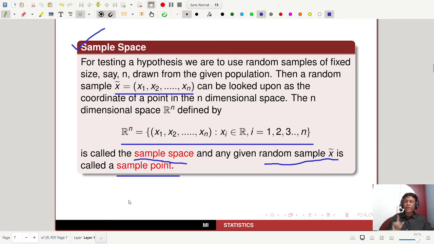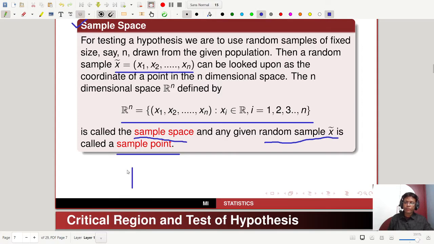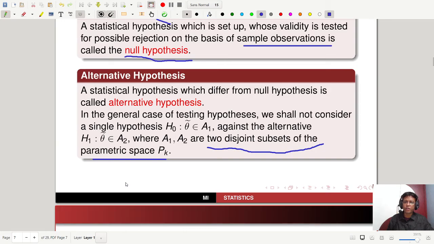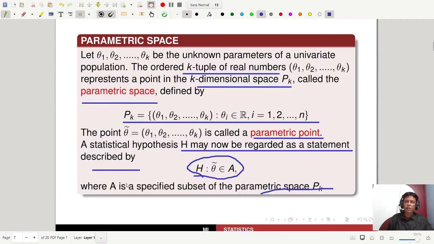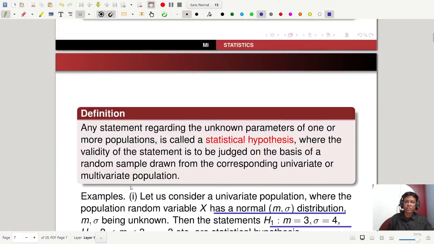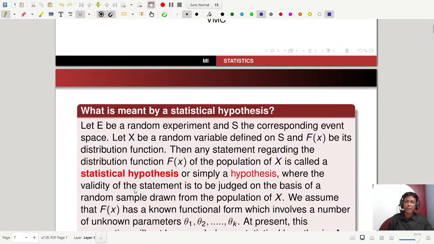So we gave you the concept of Pk, the parametric space, which contains k-tuples of real numbers, and the concept of Rn, n-dimensional space, which contains n-tuples of real numbers. Those are called sample points, and in the other case, parametric points.